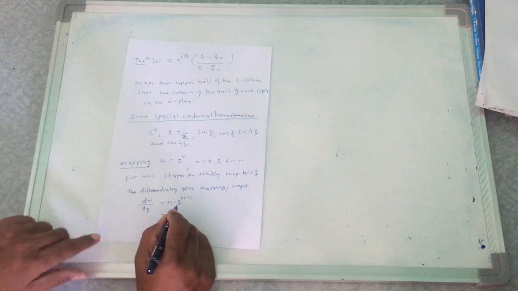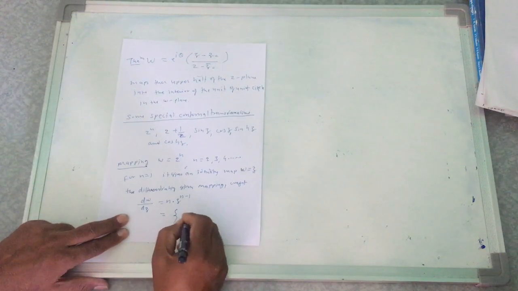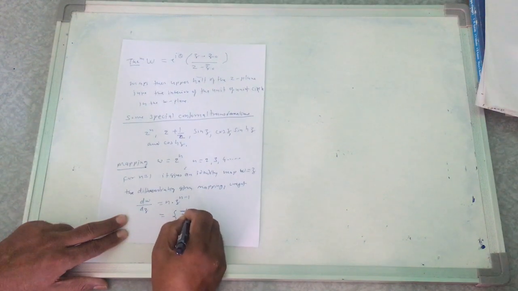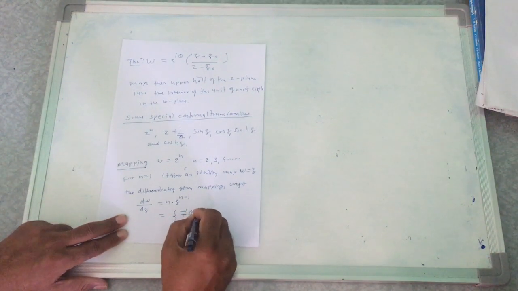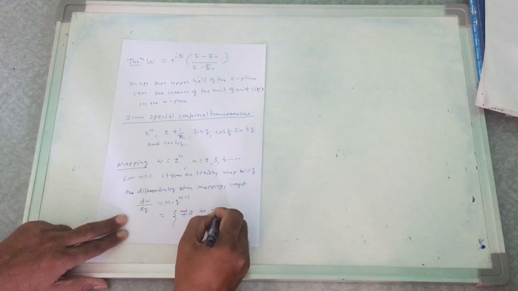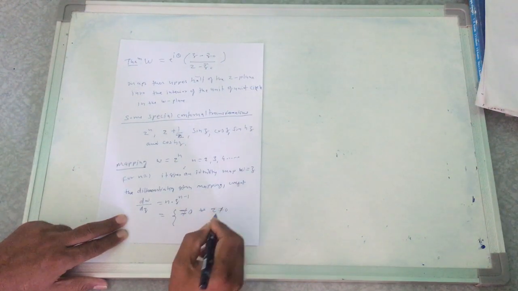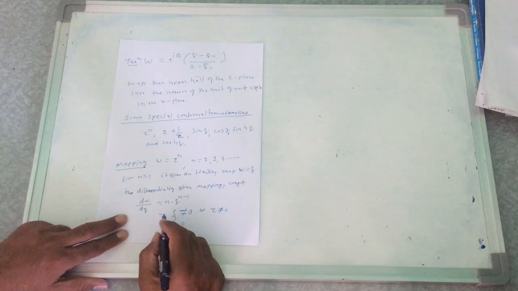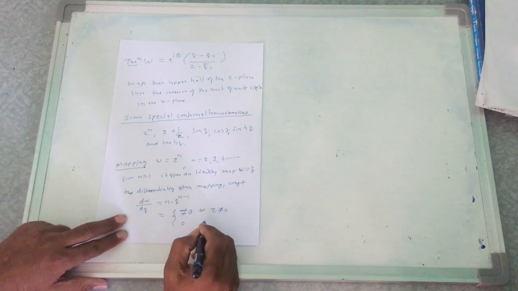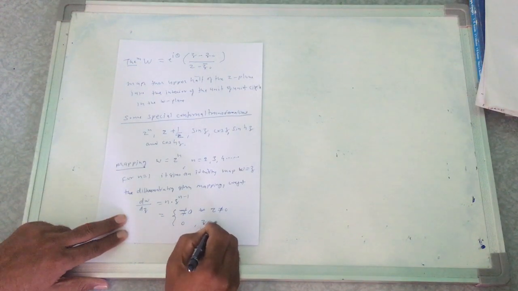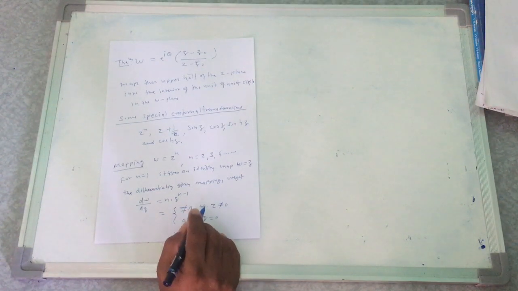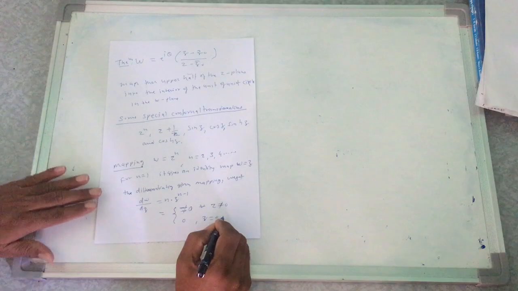This is not equal to 0 for all z not equal to 0, and at z equal to 0 it is equal to 0. Hence the mapping is conformal for all z not equal to 0.